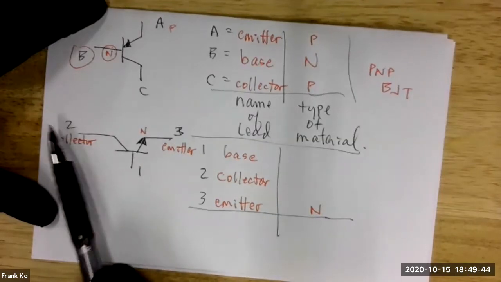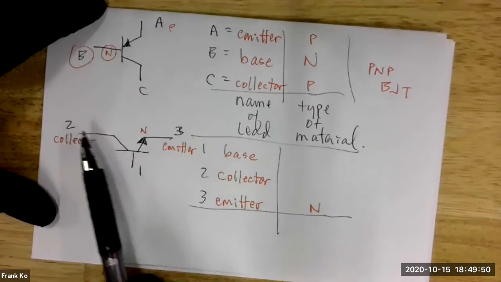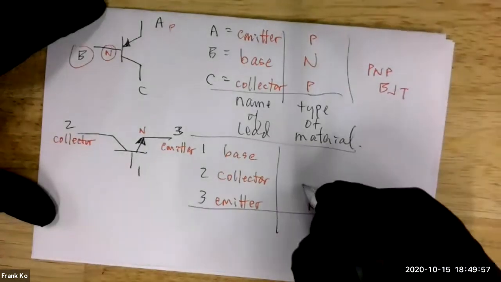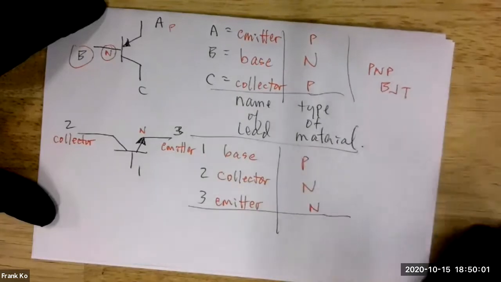It should not be P material here. You follow? Okay, so since these are your outside leads, collector must be what material? Must be N-type. Yes, gentlemen. And then the base is P-type.